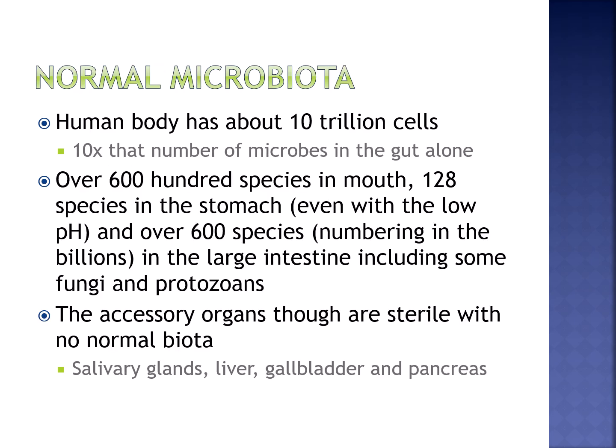It should come as absolutely no surprise that within our digestive system, we have tons of microbes. Our normal microbiota are a very large amount. Within the mouth alone, we've averaged around 600 species within humans, about 128 within the stomach, even with that incredibly acidic pH, and over 600 species, sometimes numbering in the billions as far as cells go, in the large intestine.